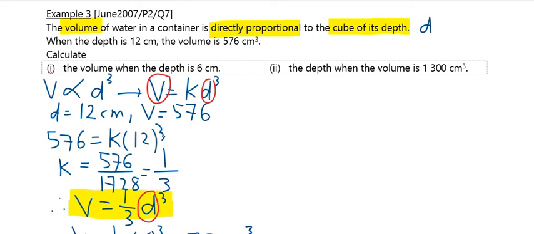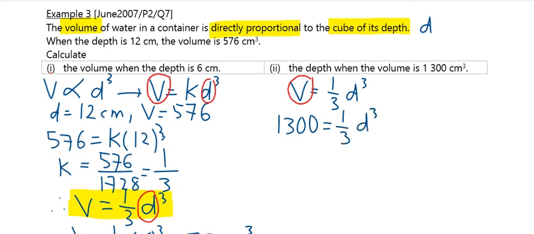Now, let's rewrite what you have previously, which is this one. Right? And let's circle what you're given. You are given the volume, so V, you just substitute into the equation, this one, right? And when you change d cubed into the subject, obviously you can see here that 1/3 will be moved to the other side.